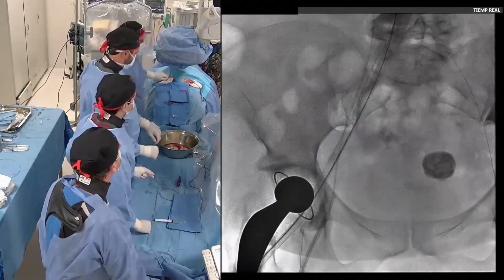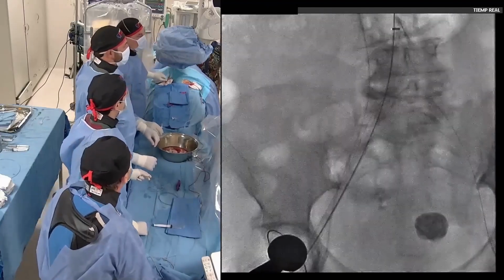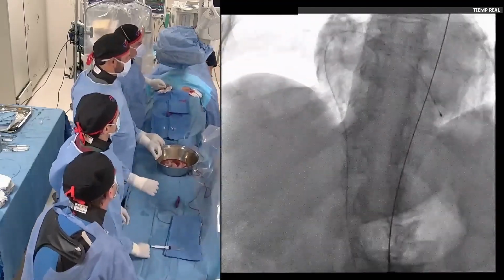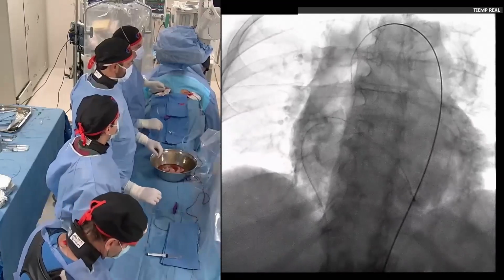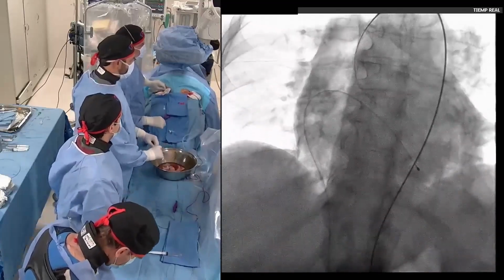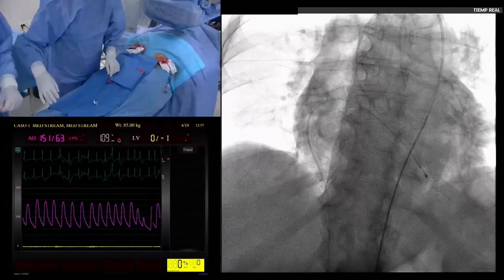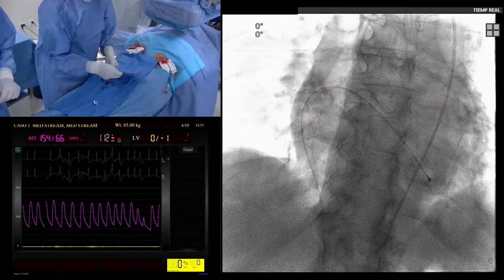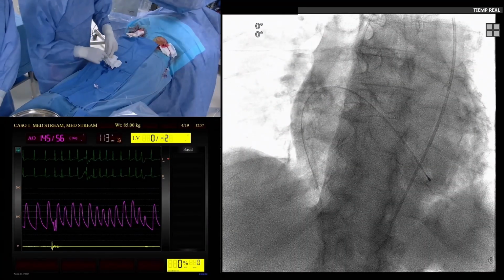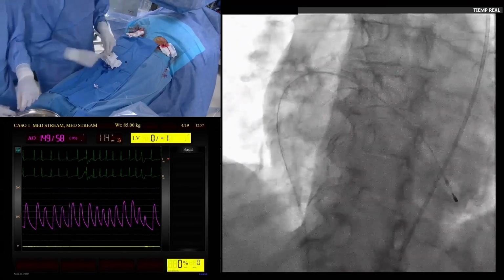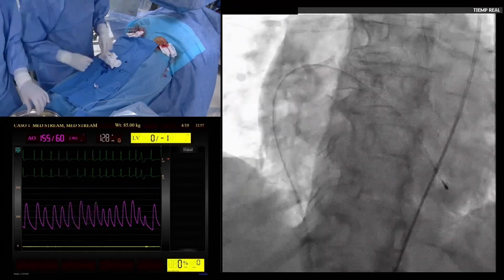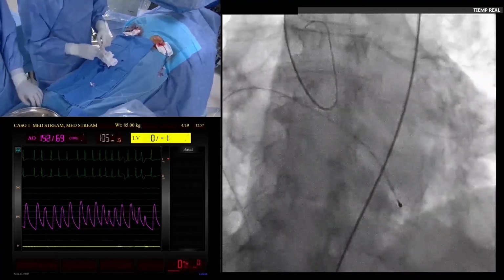Dr. Diego did an evaluation before, and the gradient today is a little bit higher. The mean gradient, how much is the mean gradient now? 34. Okay, 34. So we will try to cross in the simplest way with the pigtail and the G-wire.